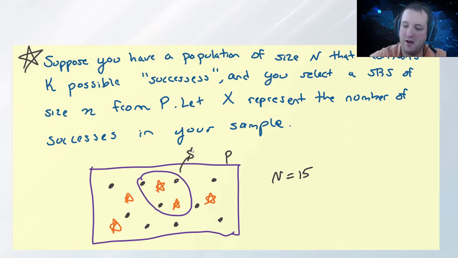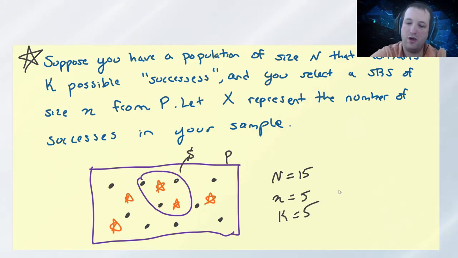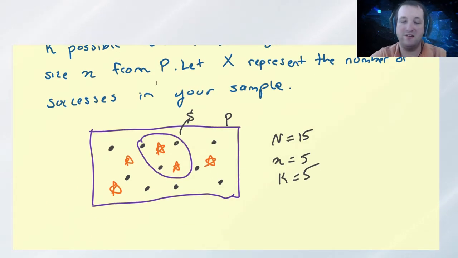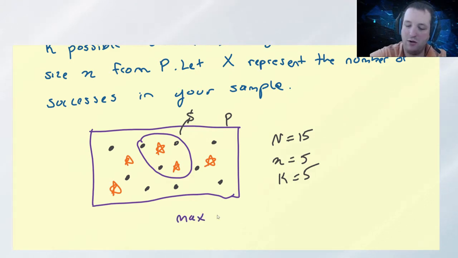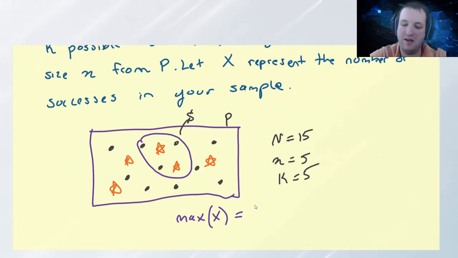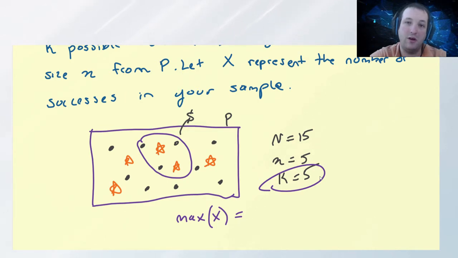So in this particular sample, our sample size contains 1, 2, 3, 4, 5 values. And we see that the number of values that are successes in our entire population is 1, 2, 3, 4, and 5. Okay? So if we look at this particular sample, and we let x represent the number of successes in our sample, we clearly see that the maximum value that this x can have is equal to the maximum possible number of values that can be successes.